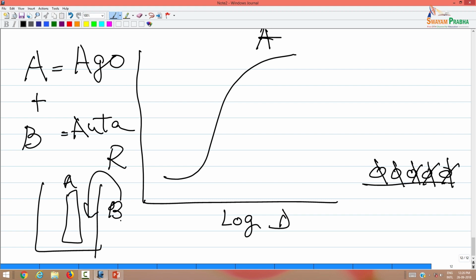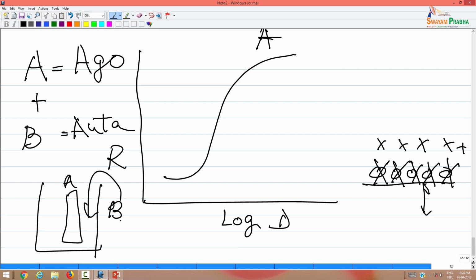So, you will get a response which is lesser than if all had been occupied by agonist. That means, you will now require a high concentration of agonist. If you increase the concentration of agonist more, then this will be replaced and this will sit here.